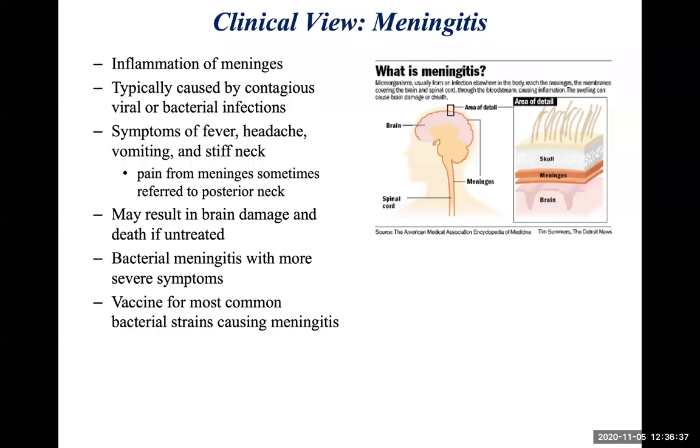And as I mentioned, central nervous system structures are encased in bone, right? The spinal cord runs through the vertebral column, which is made out of bone. The brain is found in the cranium, which is made out of bone. And so when inflammation happens, if there's no surgical intervention, that tissue swells and presses against the bony encasement, and tissue death starts to occur.